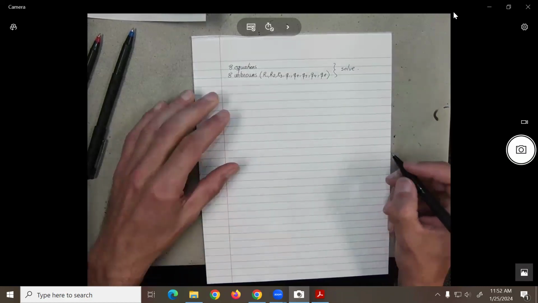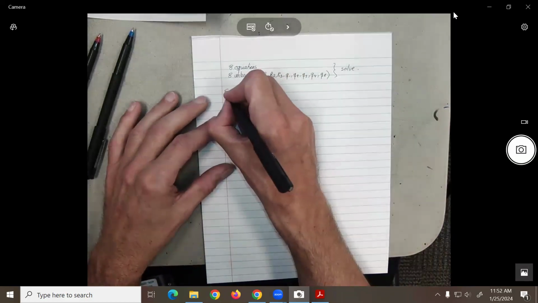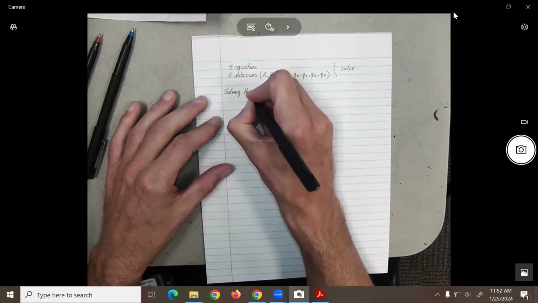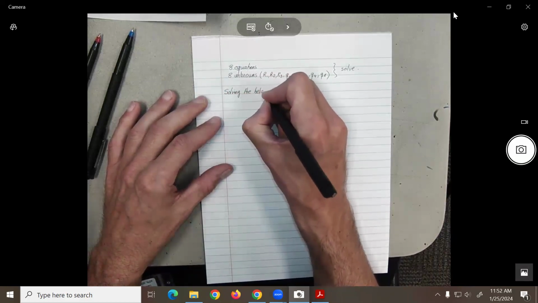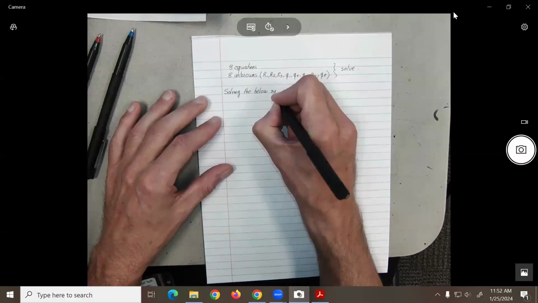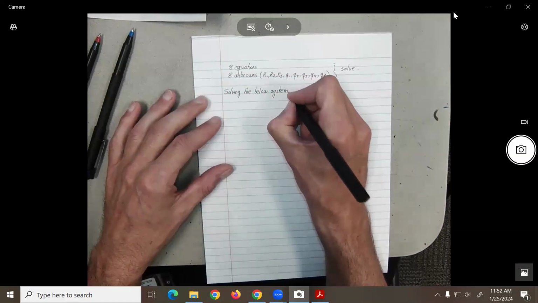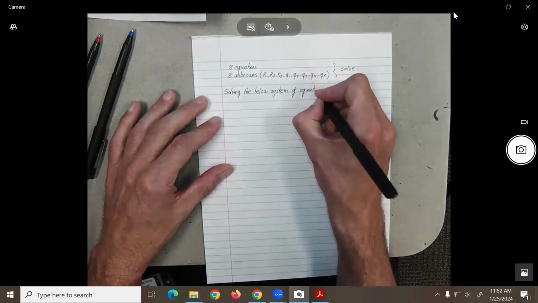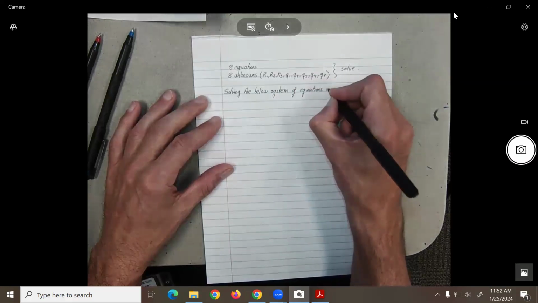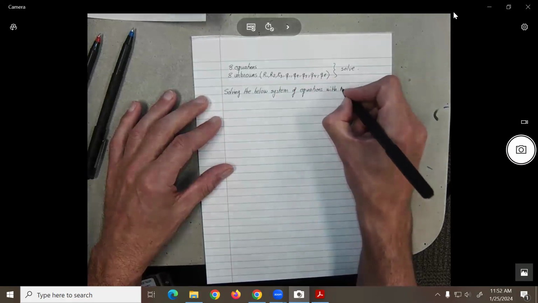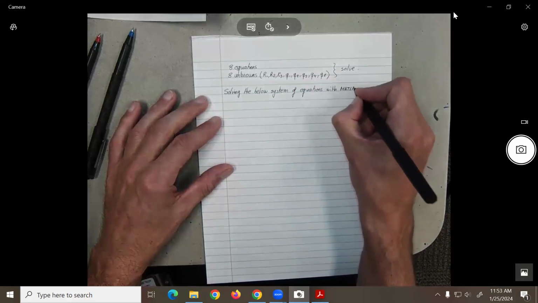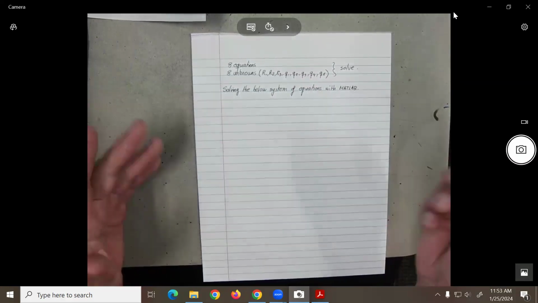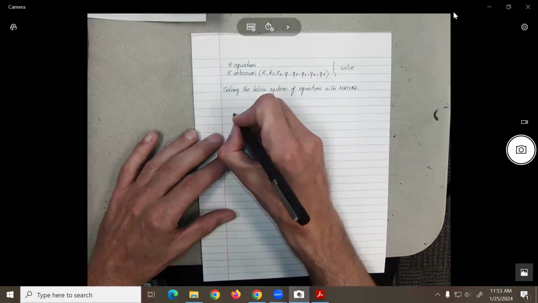So at the end, solving the below system of equations with MATLAB. I think the other day we did one example in class, no? Yeah. Okay, so let's do the matrix A together here.